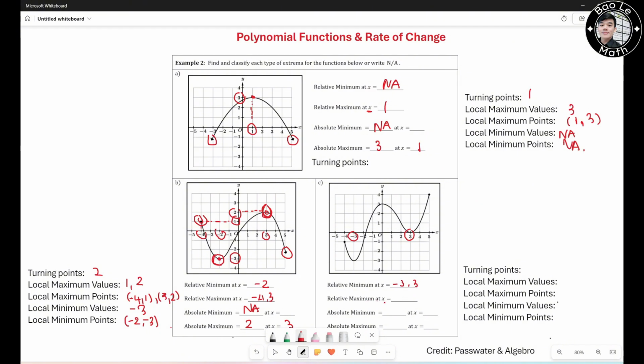Relative maximum at s equals this guy right here, the points right here, s equal to 0, and this points right here, s equals 5, and this points right here, s equals negative 4. Right, so we have negative 4, 0, and 5.